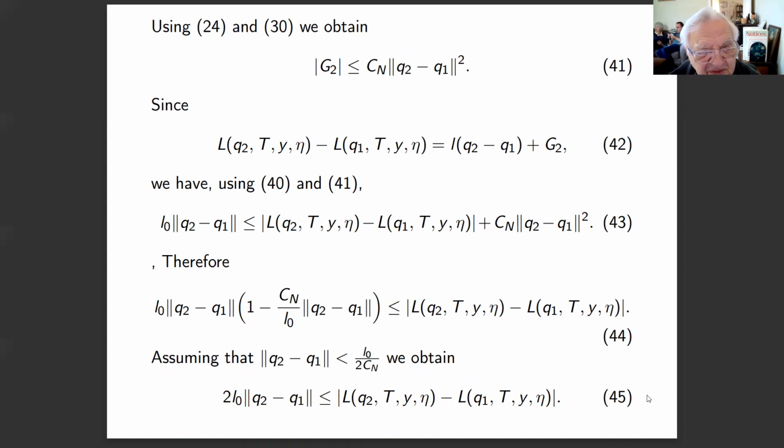Therefore, we can rewrite this in the following form: L0 times the norm of q2 minus q1 is less than or equal to L(q2) minus L(q1) plus Cn times the norm of q2 minus q1 squared. Formula 43.